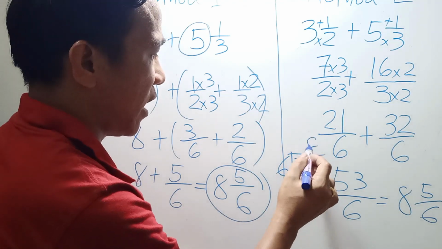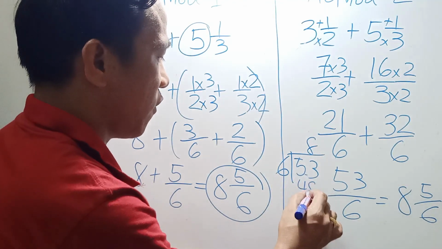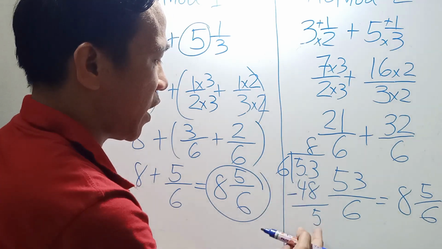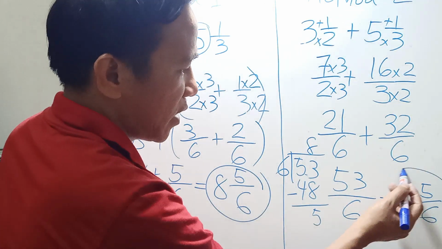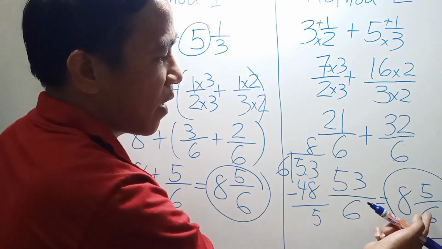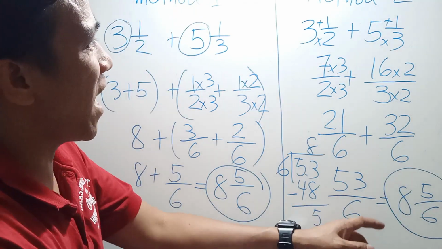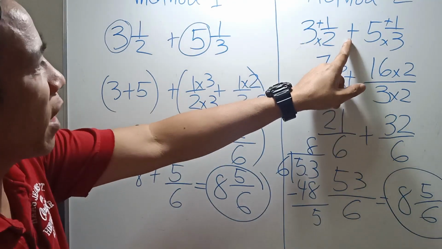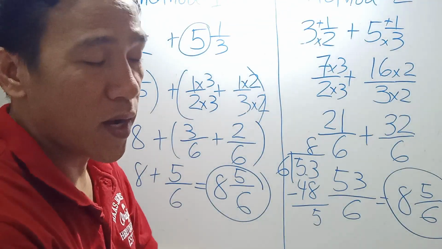So 8 times 6 is 48. Remainder, 53 minus 48 is 5. So that's why we get this one. 8 and 5 over 6. So that is the answer when you add 3 and 1/2 plus 5 and 1/3.